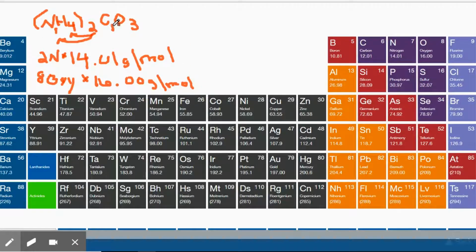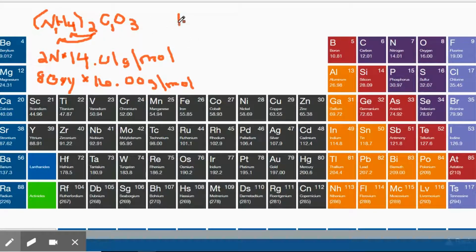There's 1 carbon. There's no parentheses, so there's no subscript to distribute like there is here. You only distribute when you have element symbols inside the parentheses. Okay, so there's 1 carbon.